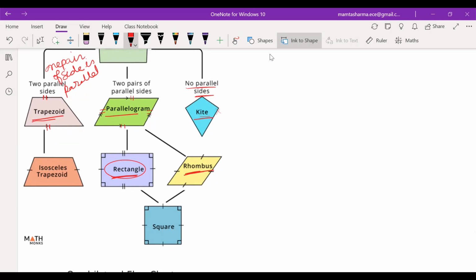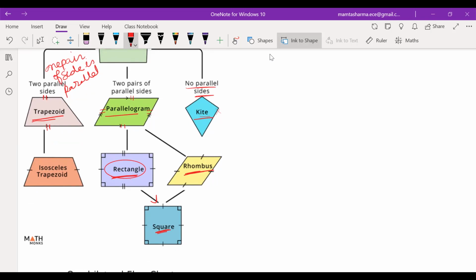In a rectangle, the angles are equal, we all know. If I make the sides also equal, then it will become a square. So a rectangle becomes a square when all sides are equal and all angles are equal.